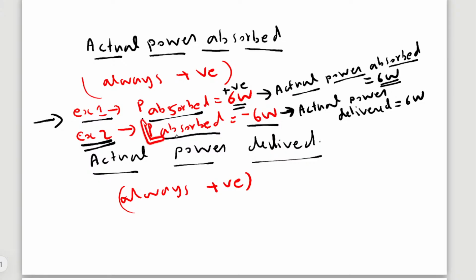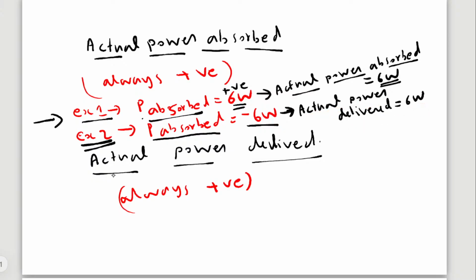The power absorbed is minus 6 watt, so this can be written as actual power delivered equal to 6 watt. That is, when the sign is changed from negative to positive, the power absorbed is changed into actual power delivered. So the power absorbed of minus 6 watt can be written as actual power delivered of 6 watt.